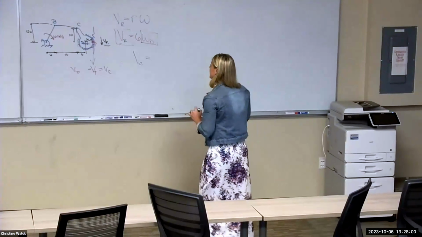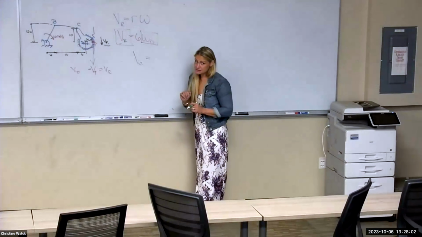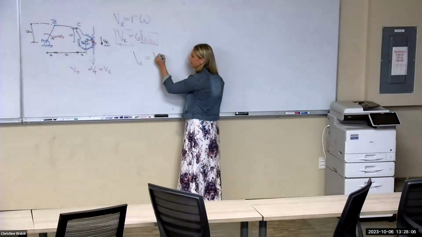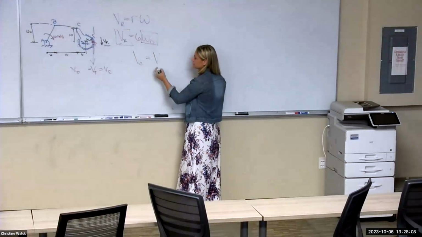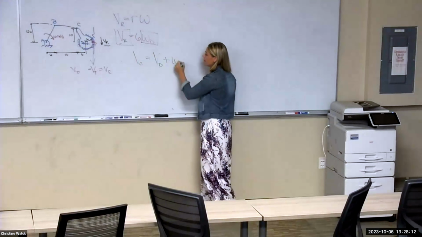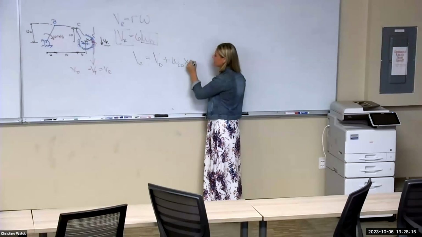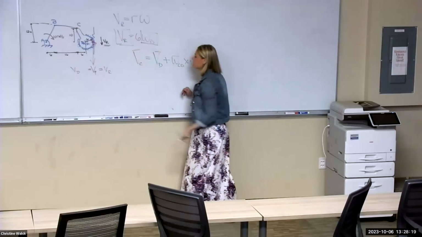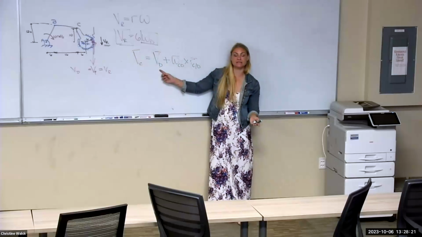It's fixed. If you didn't know this, and you just said, oh, it's planar, you could write the whole equation. You could write VC equals VD plus omega CD cross RC with respect to D. And what would happen to the velocity of D?